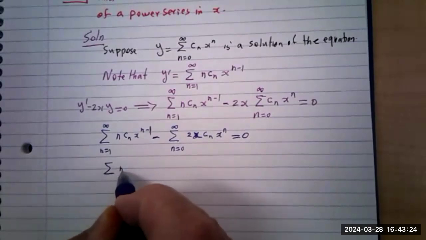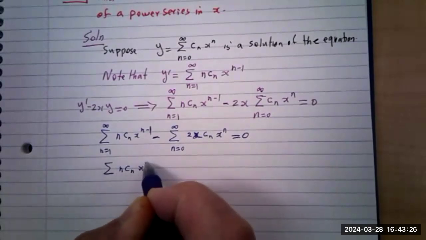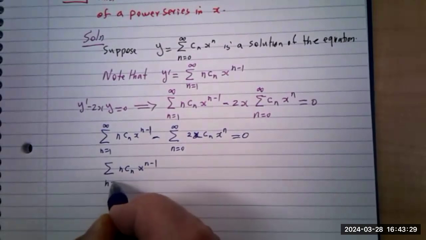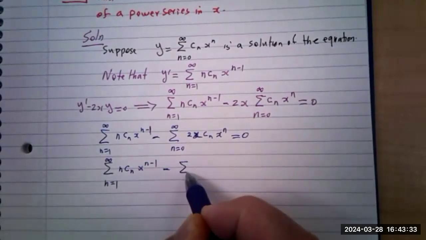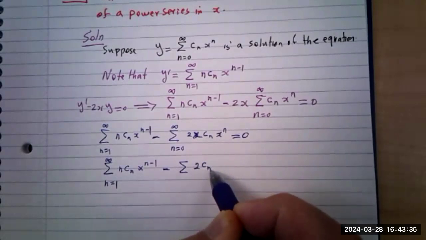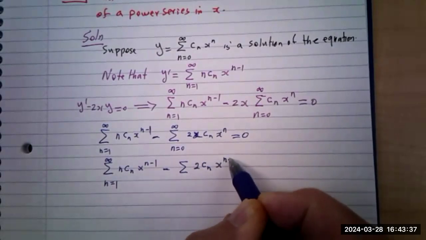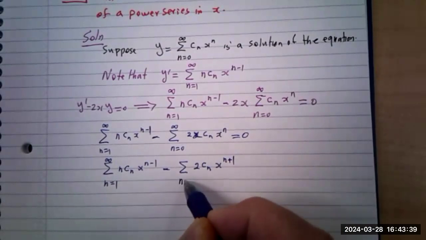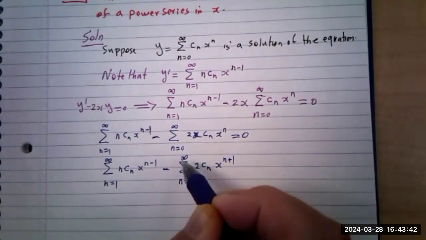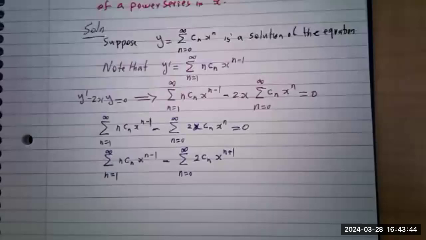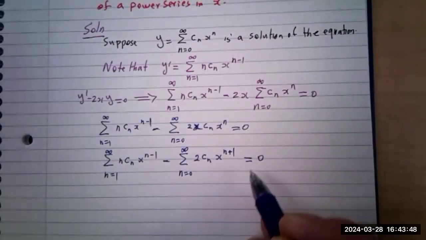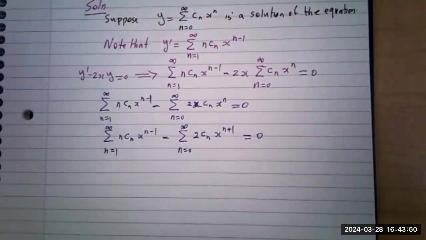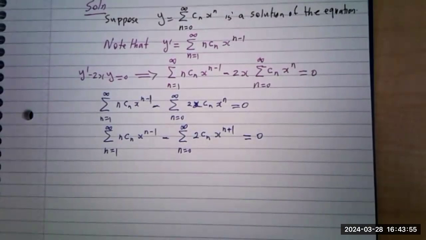So that gives sigma of n Cn x to the n minus 1, n from 1 to infinity, minus sigma of 2Cn x to the n plus 1, n from 0 to infinity, and this is equal to 0. This is your substitution. Now you have to combine them together.